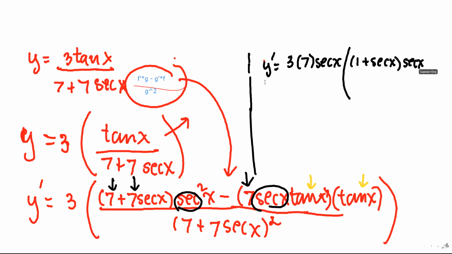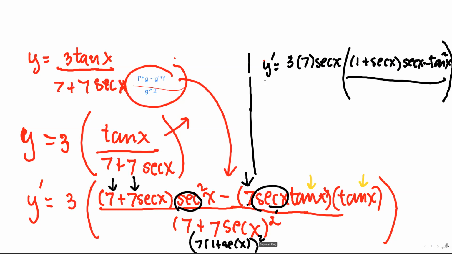And the last term, the 7 and secant out, so we have tangent times tangent, which is tangent squared. Okay, divided by the bottom. It looks like you have the power 2 of the same thing, and each factor of the 7 plus 7 secant x, you have common 7. That means you have 7 squared multiplied by 1 plus the secant x, all squared.